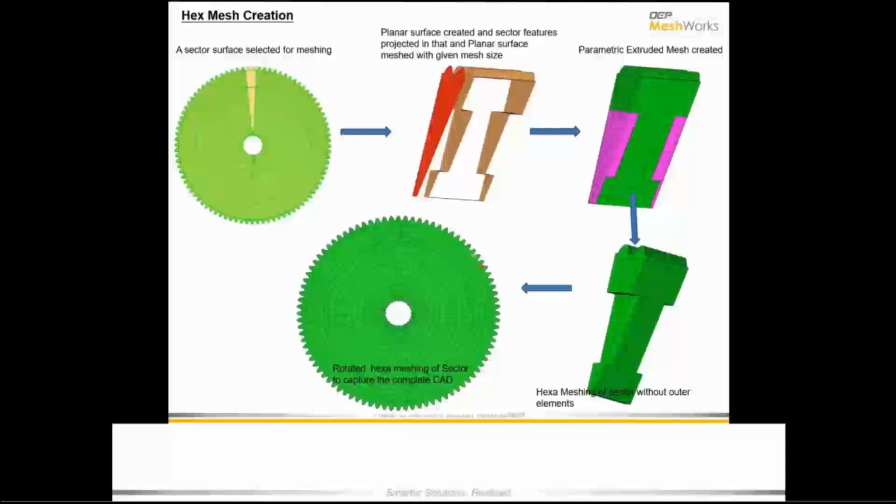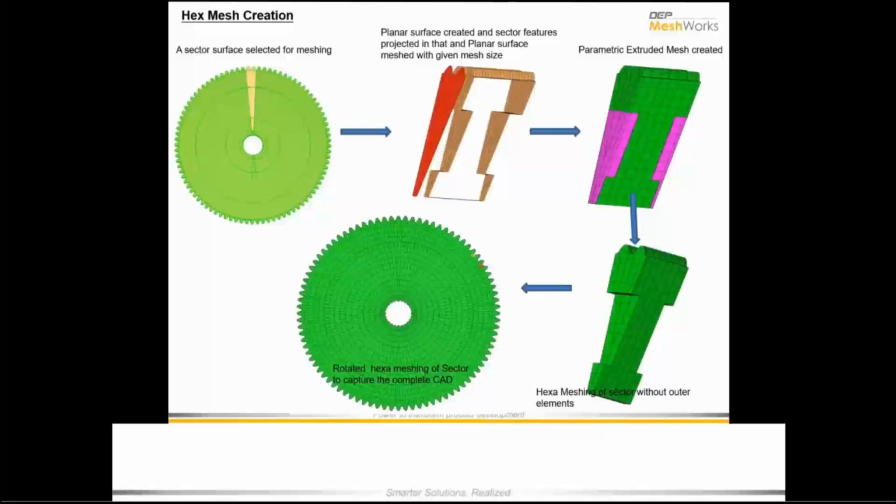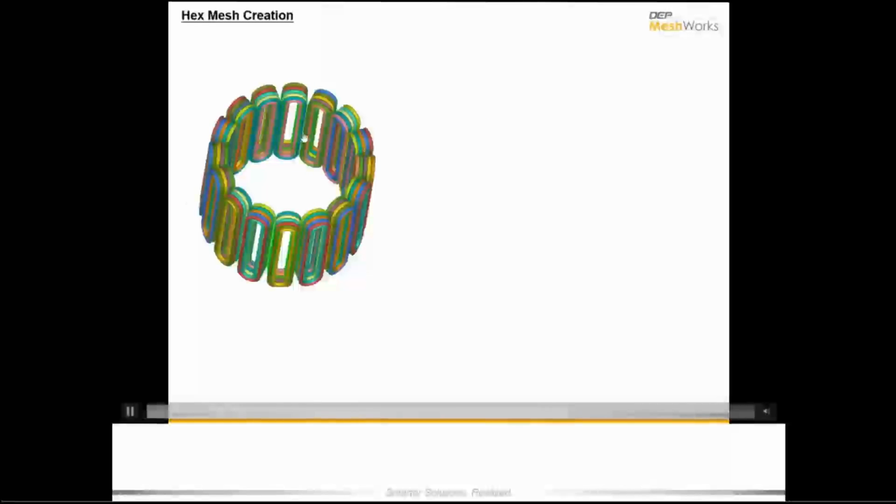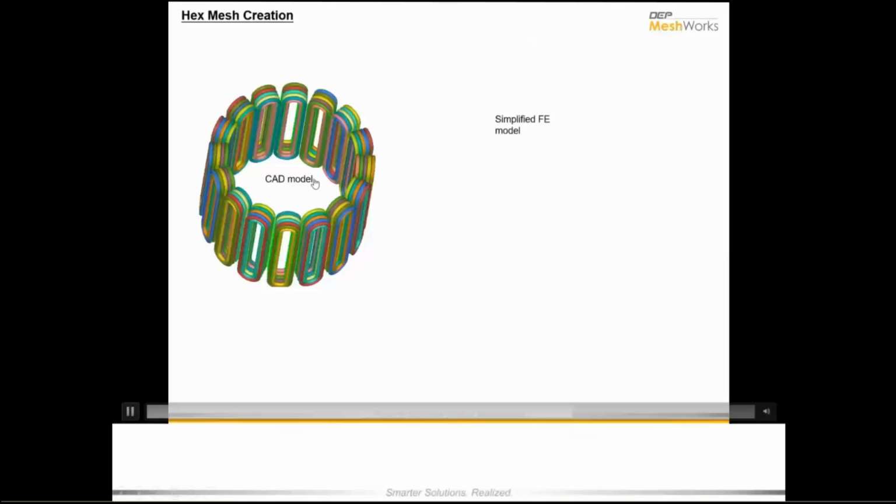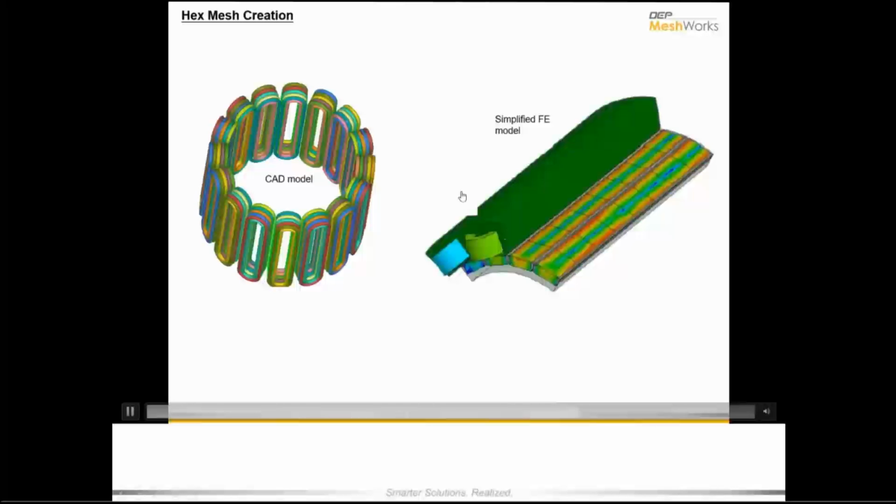So here we have seen a kind of detailed modeling. What if we want to use simple modeling techniques, like in this case, solenoid wires. Even though the CAD is very detailed, we would like to create a very simplified model for our analysis purposes. So that is also possible.